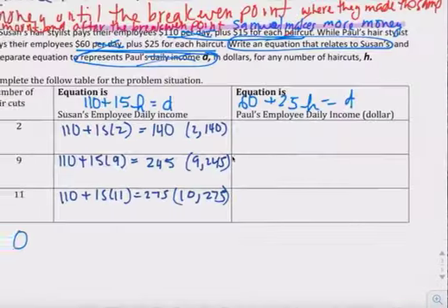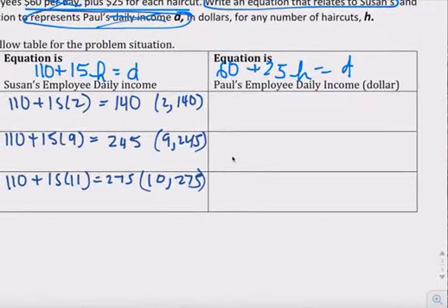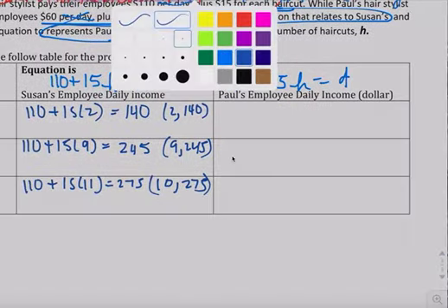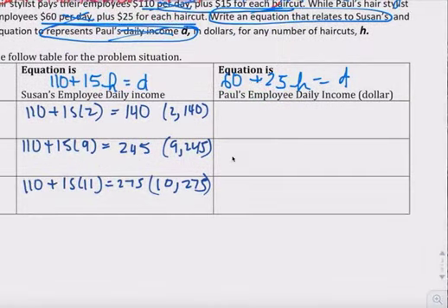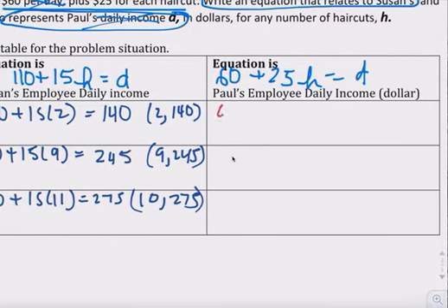Alrighty. This next one here is Paul's. Susan pays that much. Paul pays $60 plus $25 for each haircut. So if you only cut 2 hair, you made $50 in haircut, and $60 what he pays you, you make $110.